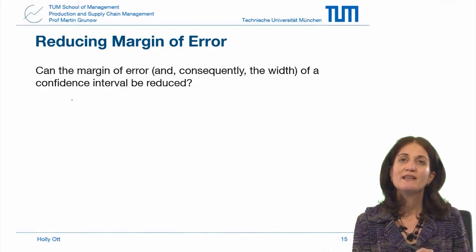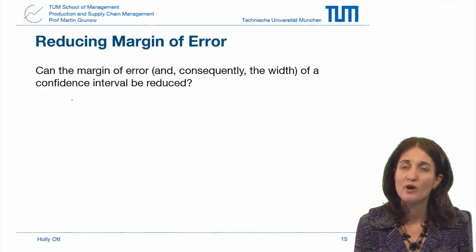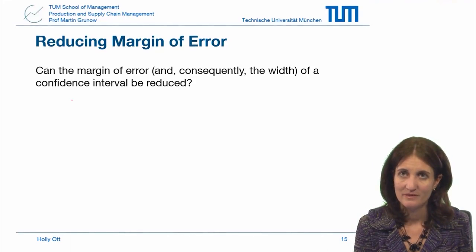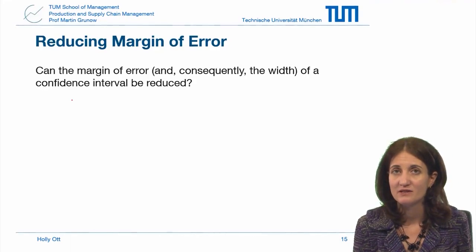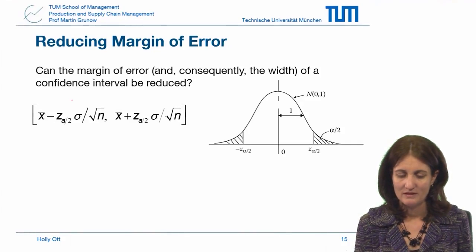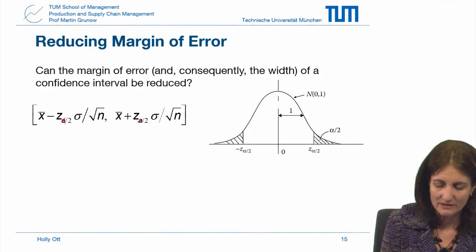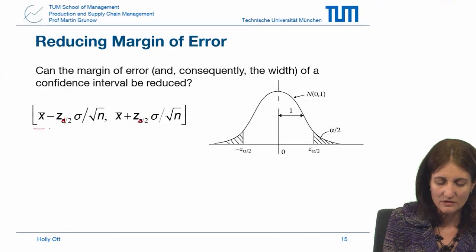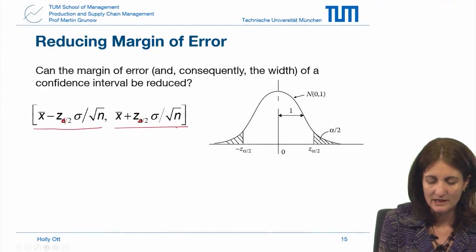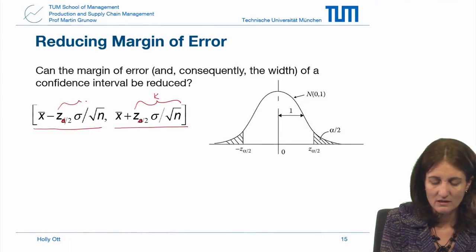Let's just look at one last thing. What are the factors to reduce the margin of error or tighten the confidence interval? So I draw this picture again. Here we have some alphas, our confidence interval, x bar minus and x bar plus a constant k.